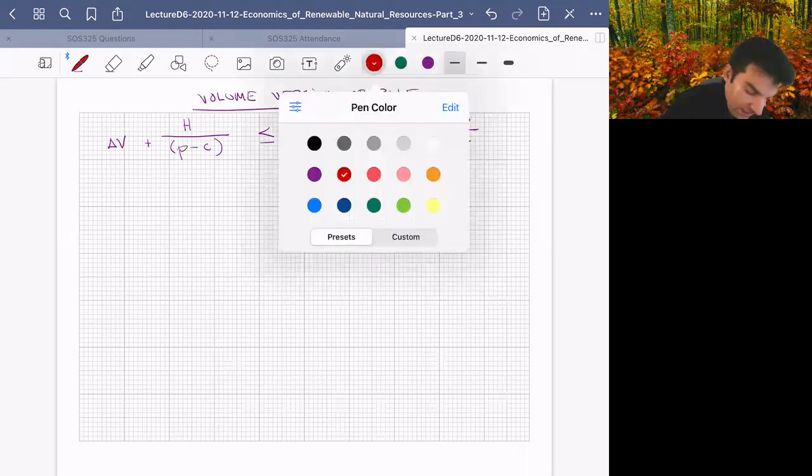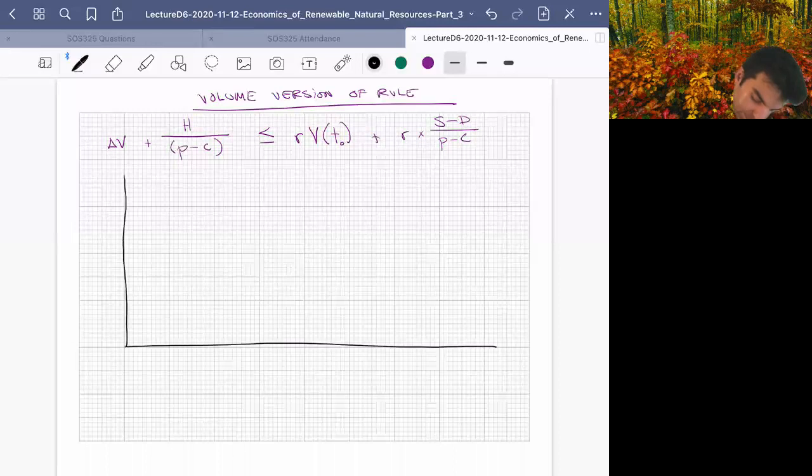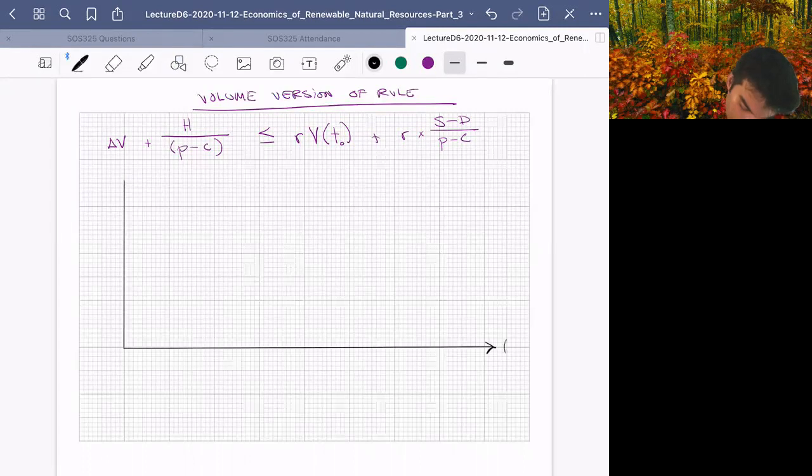So underneath it, I can actually redraw the graph that we've been working with. Let me do that cleanly. These are going to be in volume units.